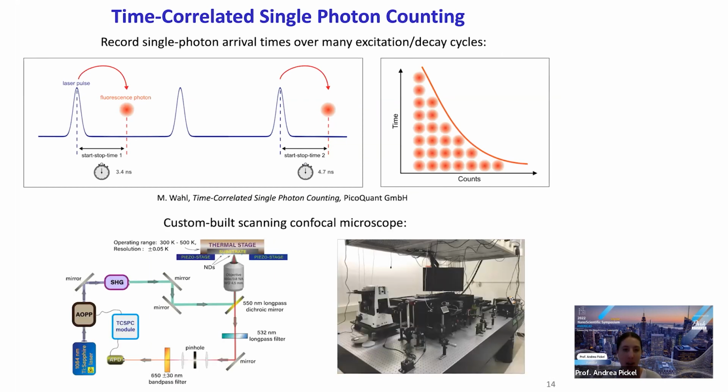And so we have a time-correlated single photon counting module that's part of a larger custom scanning confocal microscope, which is shown schematically in the bottom left here. And it also includes a thermal stage that lets us perform measurements from room temperature up to about 500 Kelvin. And then in the bottom right is a picture of that system that we built in my lab at Rochester.